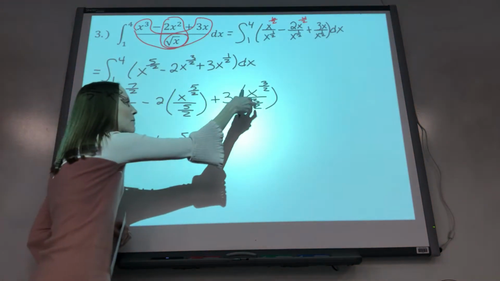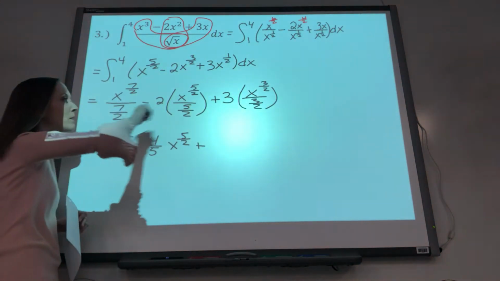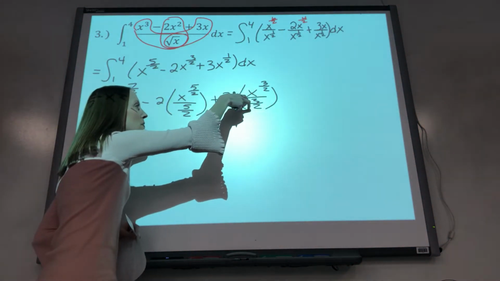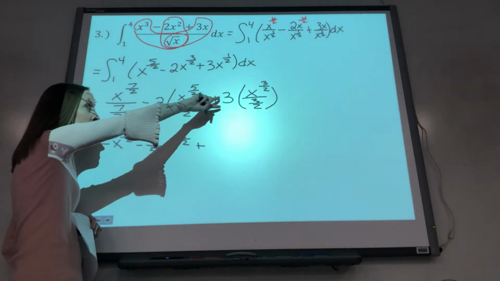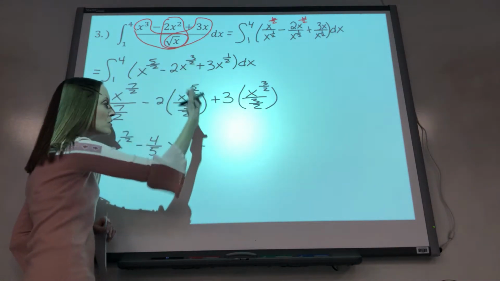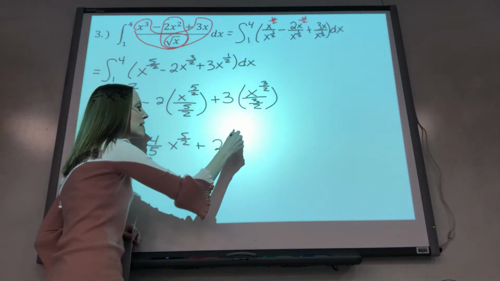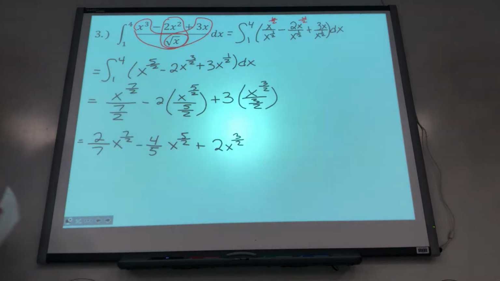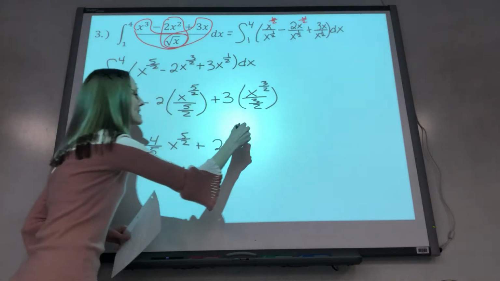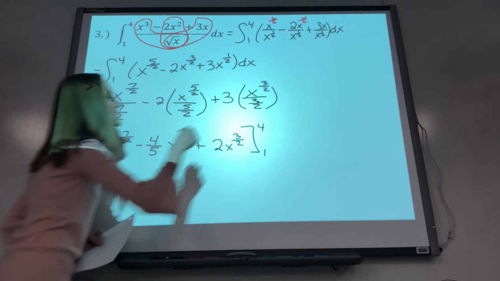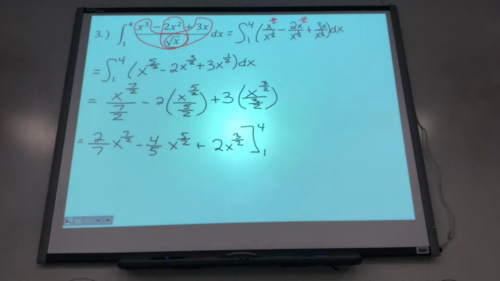Same kind of thing happens right here. It's actually a little nicer though. If you turn that into a 2/3, 3 times 2/3, the 3's would drop out and you'll just get back 2. Now still, this is a definite integral, so I still need to plug in the 4 first and then the 1. Any questions up until that point?